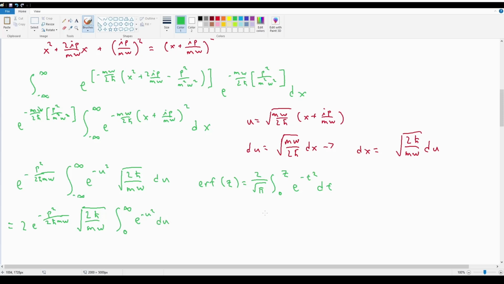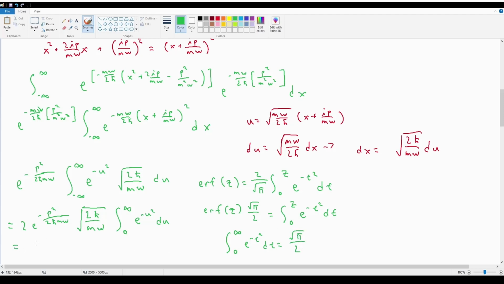So in that case, erf of z times the square root of pi divided by 2 is going to equal the integral from 0 to z of e to the negative t squared dt. In this case, our t is just u, and our z is going to be infinity, and erf of infinity is just 1, so the integral from 0 to infinity of e to the negative t squared dt is just going to equal the square root of pi over 2.